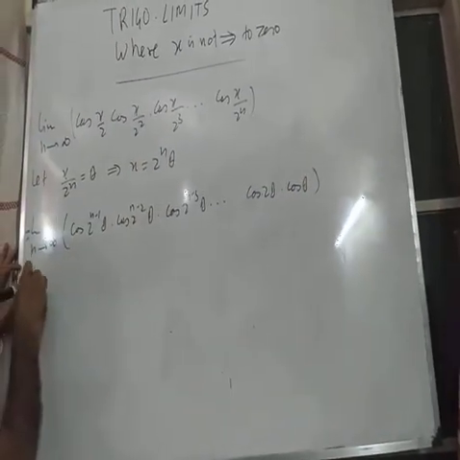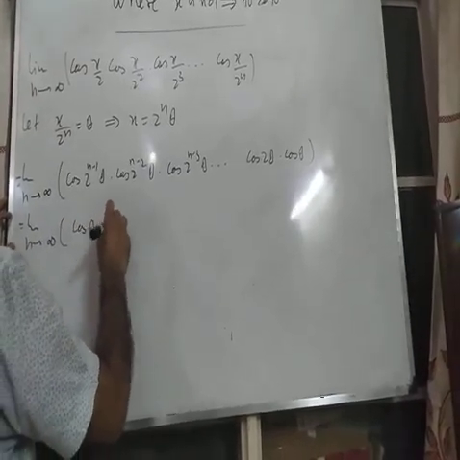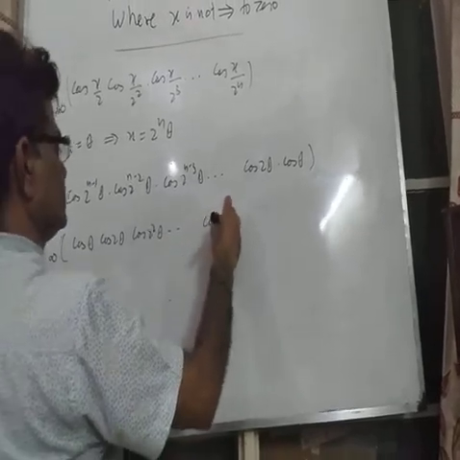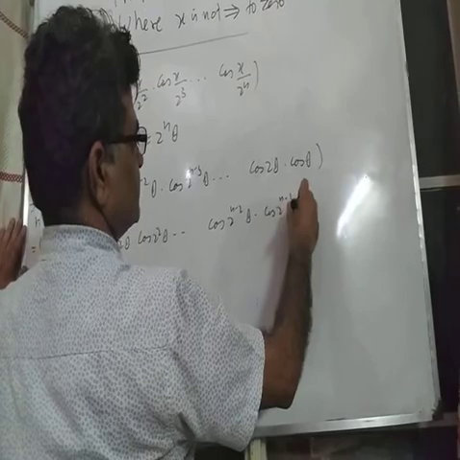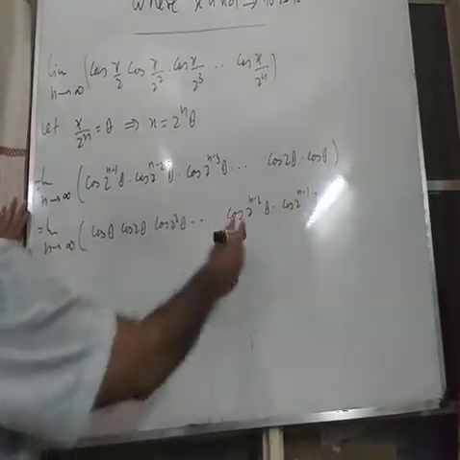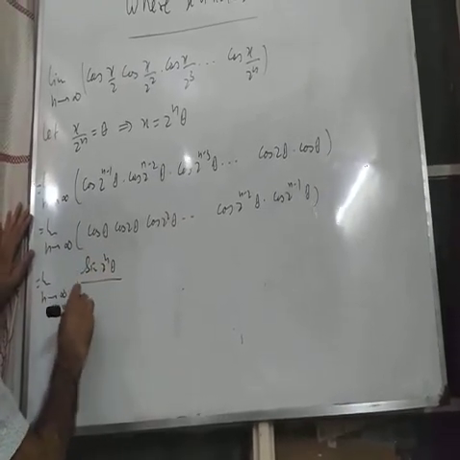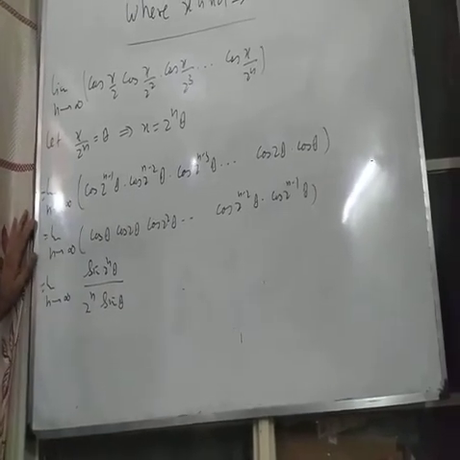So we are just reversing this: cos theta, cos 2 theta, cos 2 square theta, likewise cos 2 to the power n minus 1 theta. So limit n tends to infinity, and this has a formula, that is sine 2 to the power n theta upon 2 to the power n sine theta.